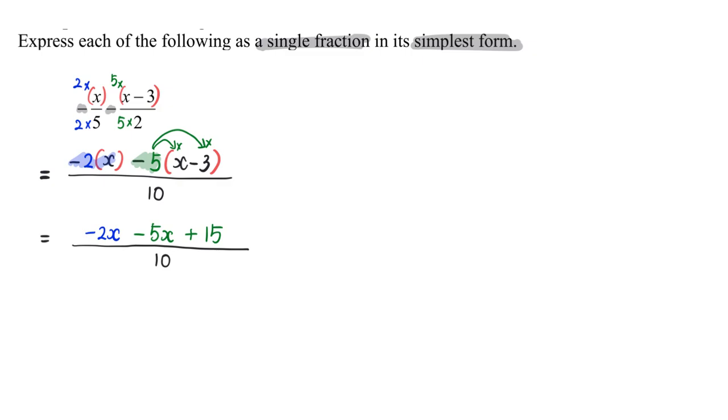And finally, all we have left is just to simplify the numerator. Negative 2x and negative 5x, they will give me negative 7x. Not forgetting the positive 15.